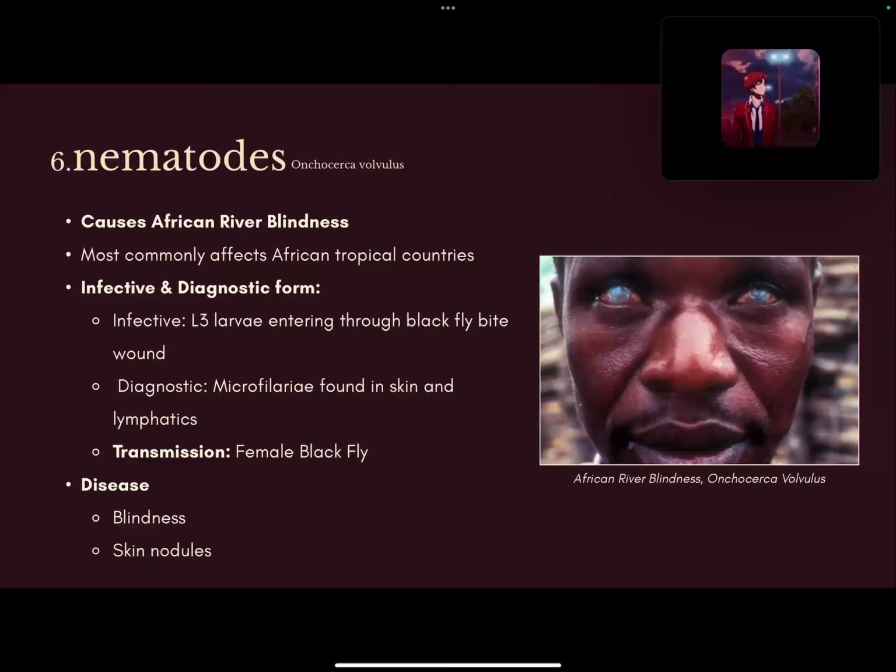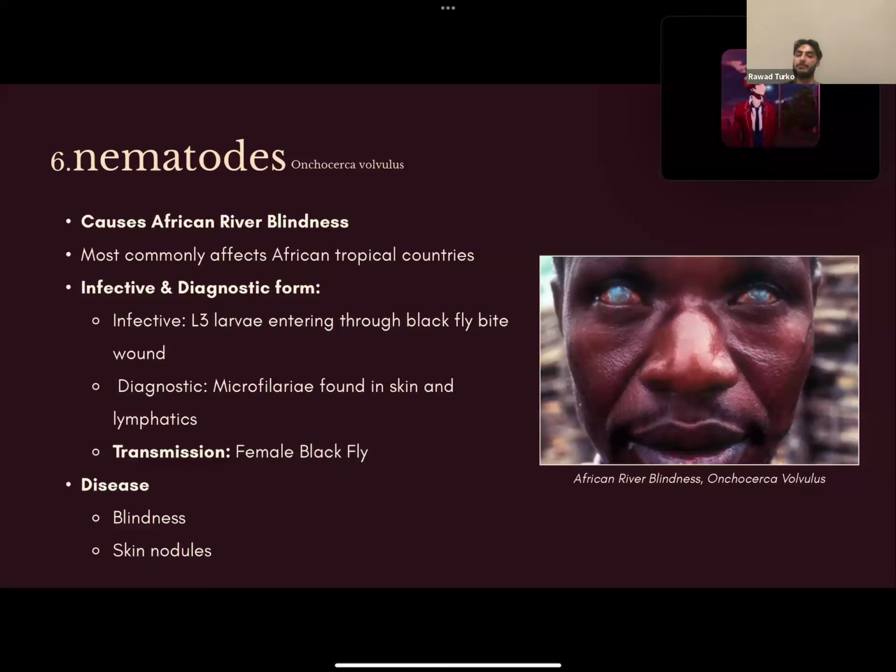Once they reproduce, the female form will release the microfilariae, and then they move around the body, and especially they go to the eye. And then the black fly comes for a meal, and through its life cycle, L1 larvae become L3 larvae.